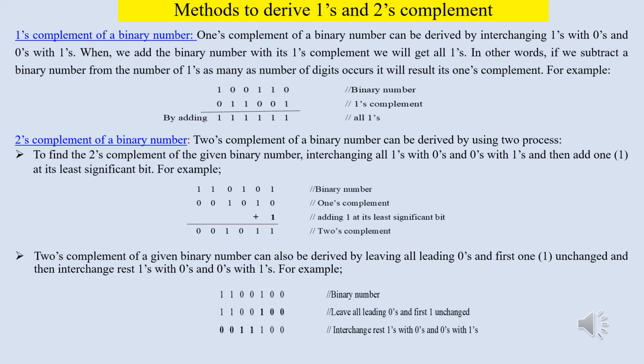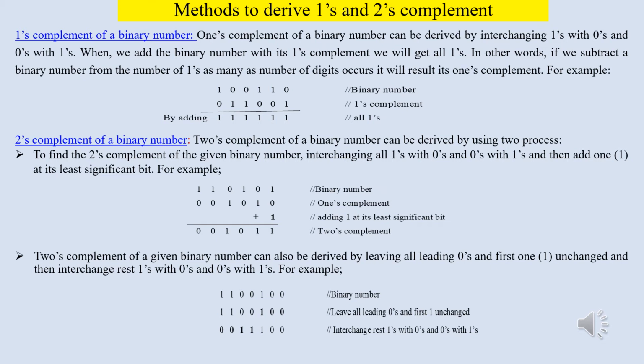Now we move to find the two's complement of the given binary number. The two's complement of a binary number can be derived by using two processes. In the first method, to find the two's complement of the given binary number, interchange all ones with zeros and zeros with ones, and then add 1 at its least significant bit, which gives the two's complement of the given binary number.